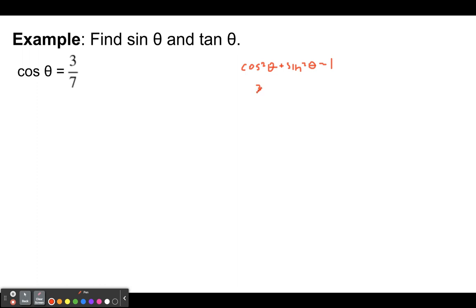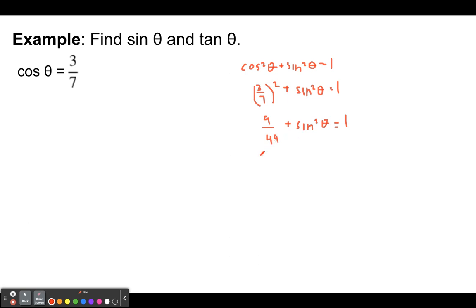So plugging that in, 3 over 7 squared plus sine squared theta is equal to 1. 3 squared is 9, 7 squared is 49, plus sine squared theta is equal to 1. Okay.